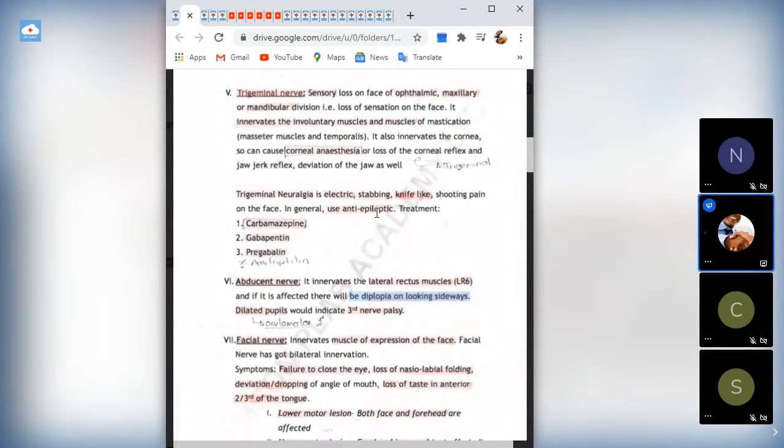V3. Taking all that into consideration, the trigeminal nerve also has a motor aspect. The motor aspect is involved in the muscles of mastication, that is, the temporalis muscle, masseter, all those. So the trigeminal nerve also controls muscles of mastication.